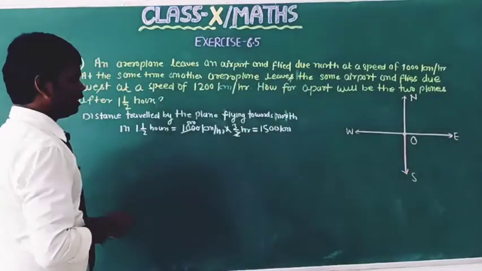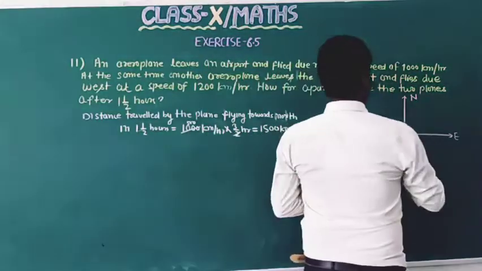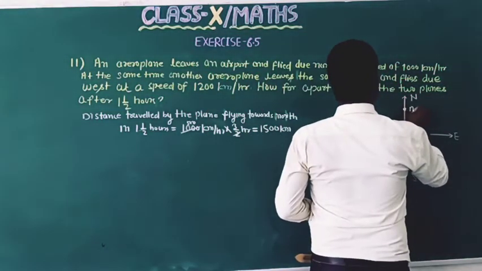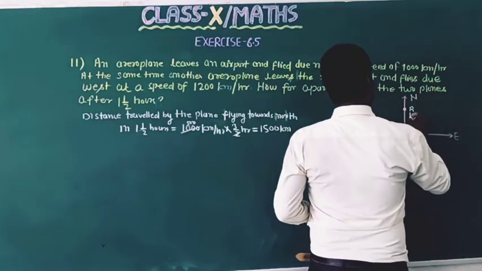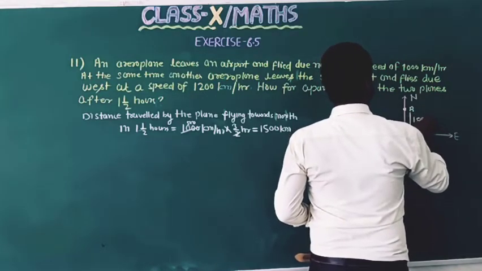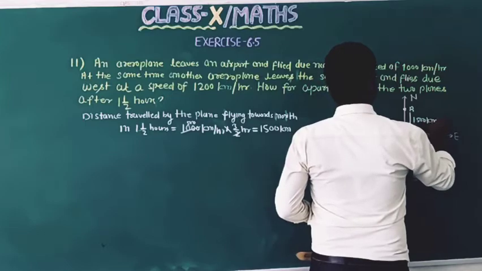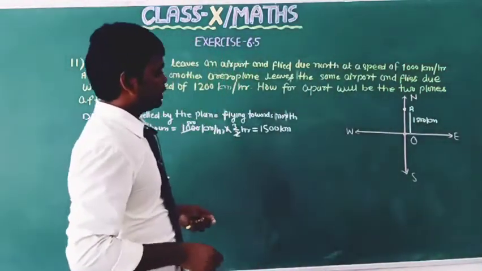And similarly find the distance. So suppose this is point A, OA equals 1500 kilometer.